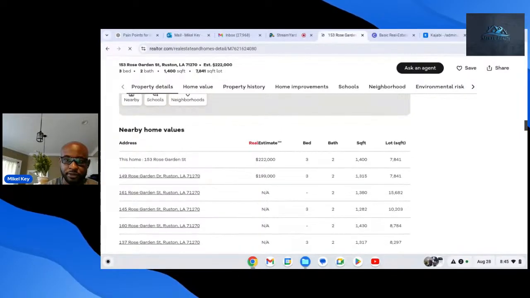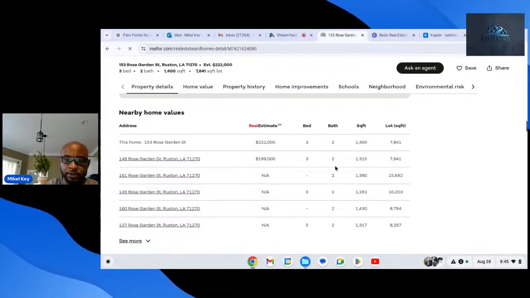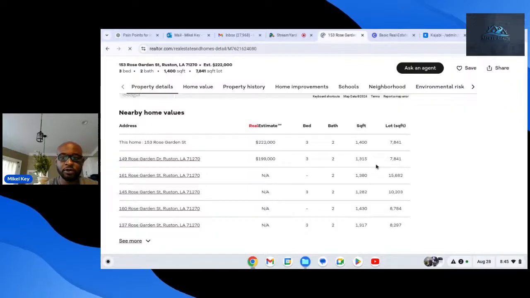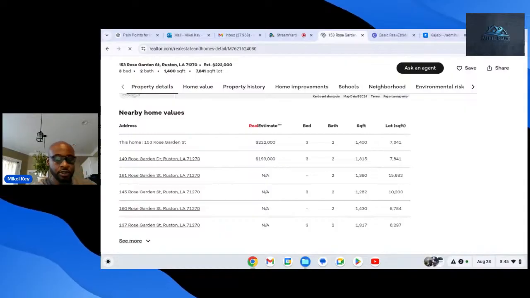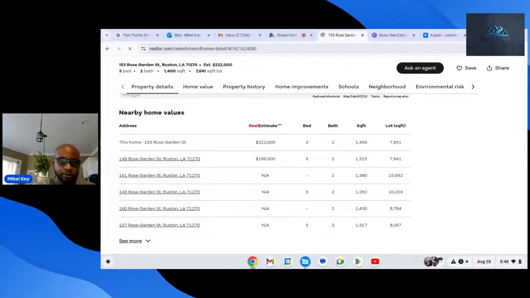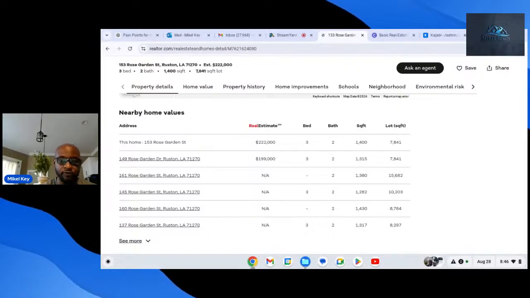It also gives you comps for your area. As you can see, 149 Rose Garden is a 3-bedroom, 2-bath, 1,315 square feet. If we do some basic math, $199,000 divided by 1,315 is $151 a foot.